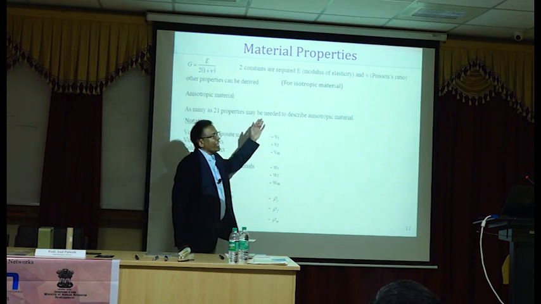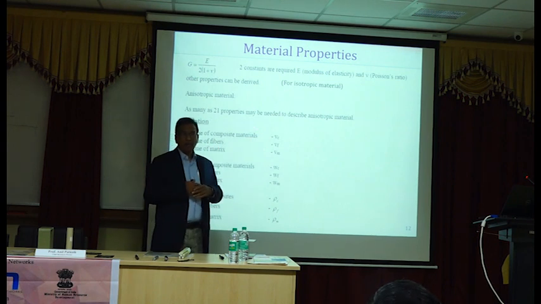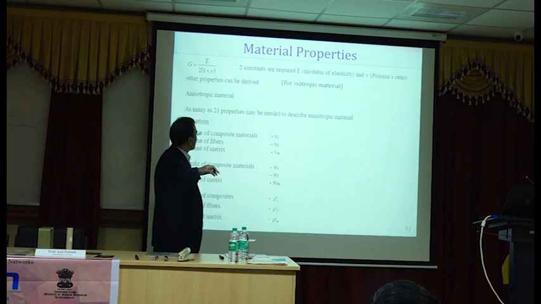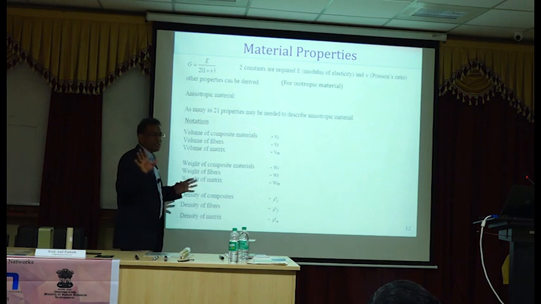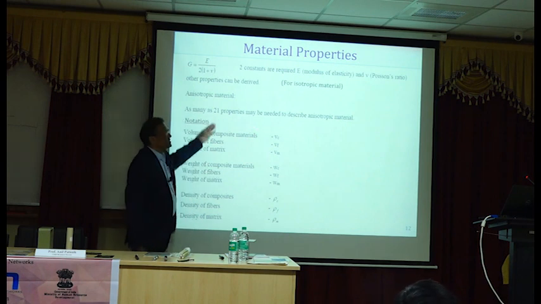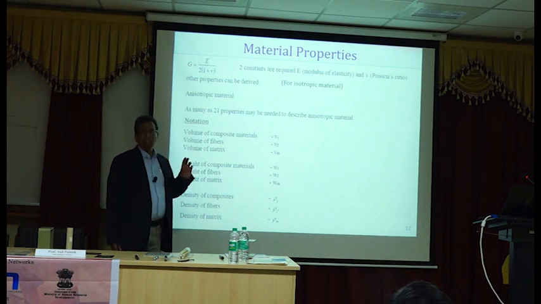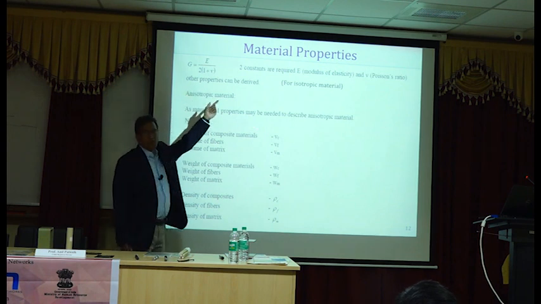So modulus of elasticity and Poisson's ratio will define all the mechanical properties needed if the material is isotropic in nature. However, if you have anisotropic material that has different properties in different directions, you will need as many as 21 properties to define the complete state of stress in the material. So that's the big difference between two constants, which we are quite used to using.